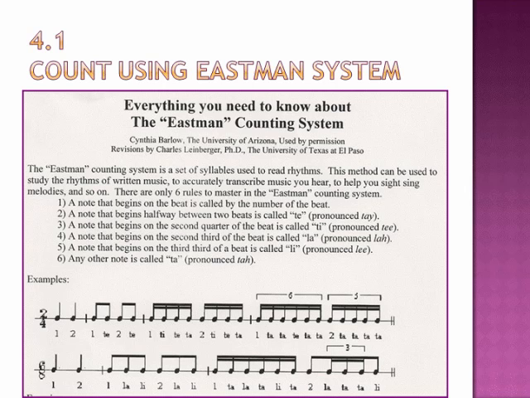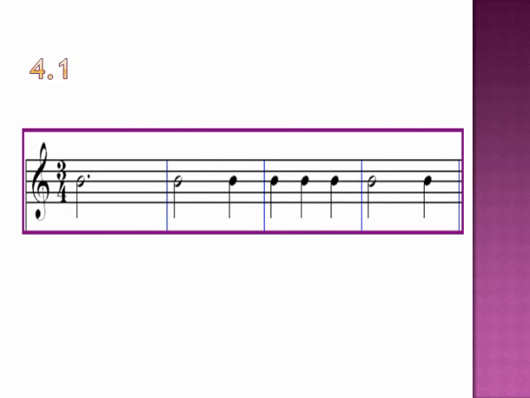And really, those are the only ones that we're going to use today. Number 4, a note that begins on the second third of the beat is la. A note that begins on the third third of a beat is li. And any other note is called ta. So that may not make any sense to you, but once you apply the rules, it should help. Okay, so let's just use that system.